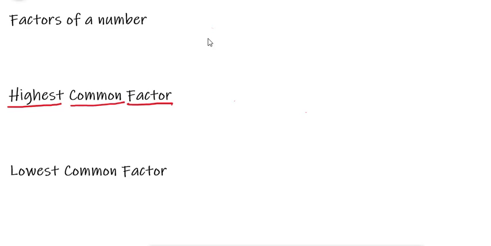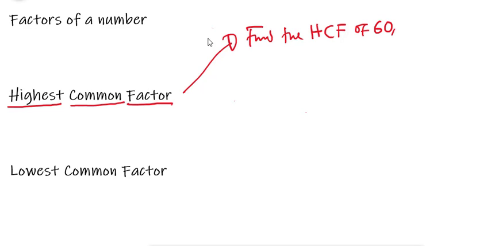A question may be, say, find the highest common factor, which is abbreviated as HCF, of 60, 165, and 210.